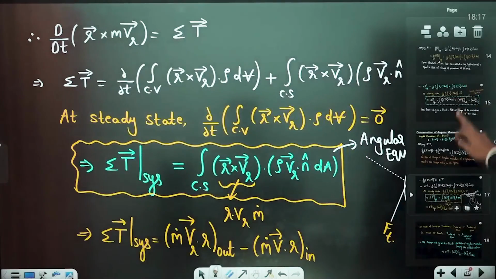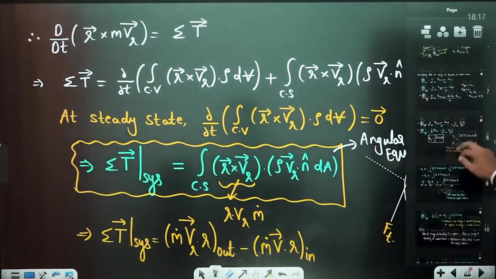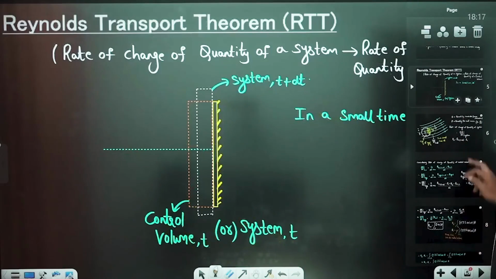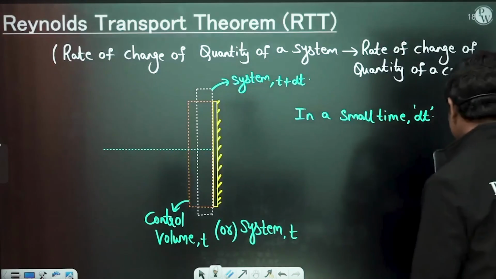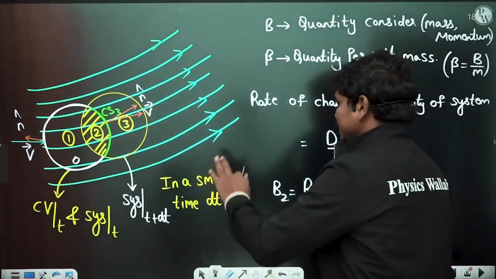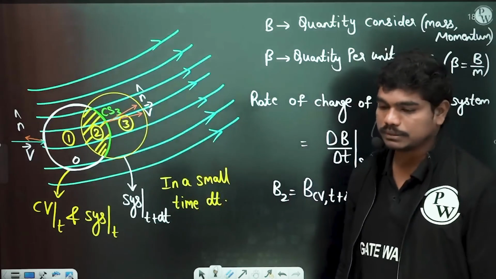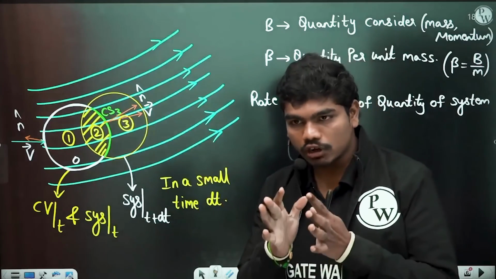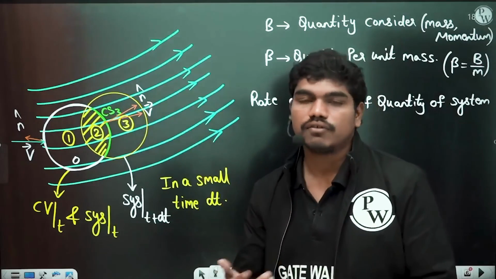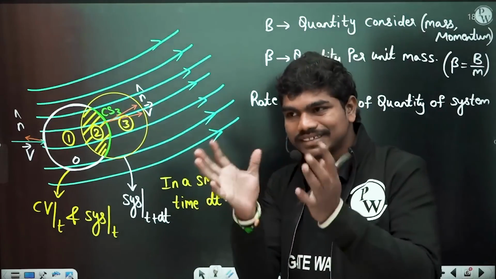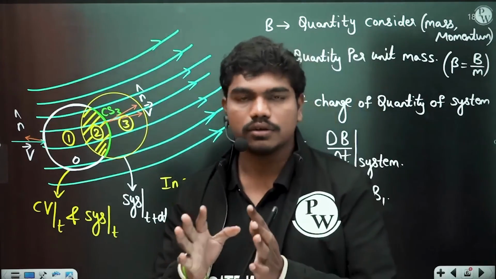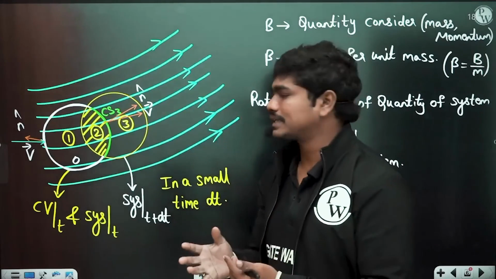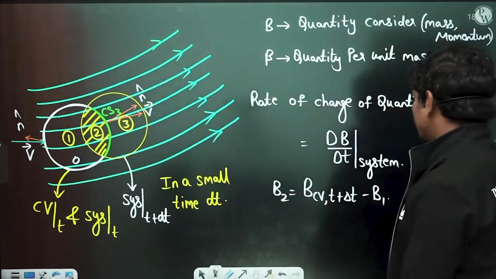I just want to go quickly over what we have learned today. We took the RTT and explained the Reynolds transport theorem. A system is the amount of matter which you identify in any flow conditions, and a control volume is the region in space which you identify. The volume can move or stay constant, while the system can move because of the flow.